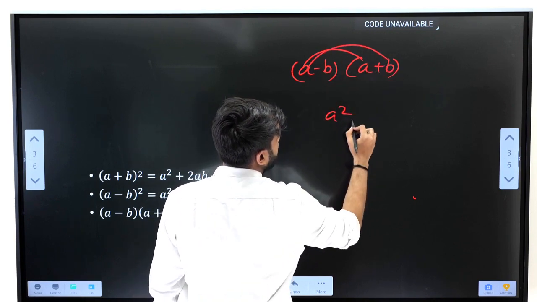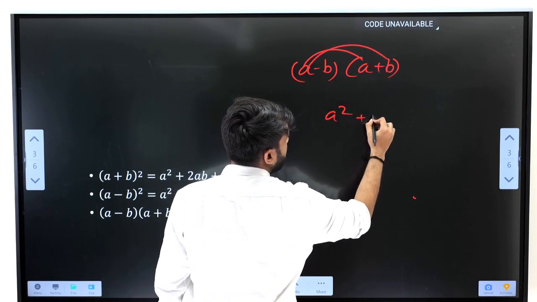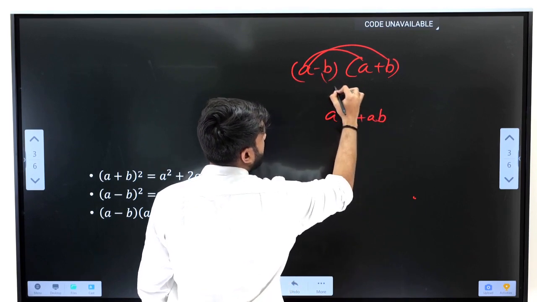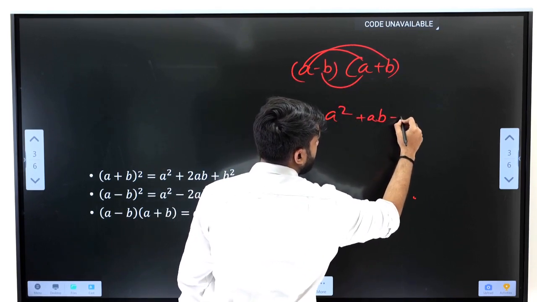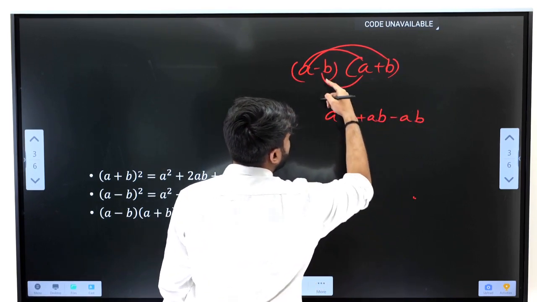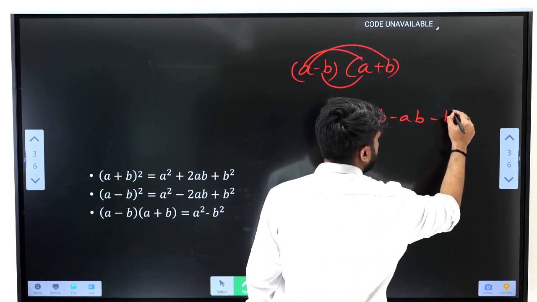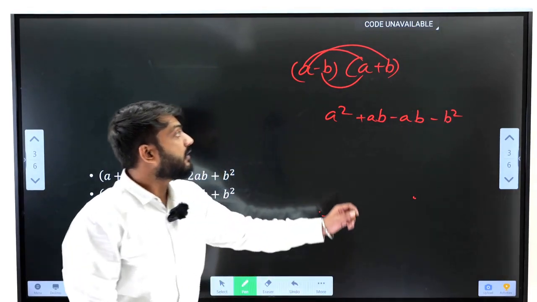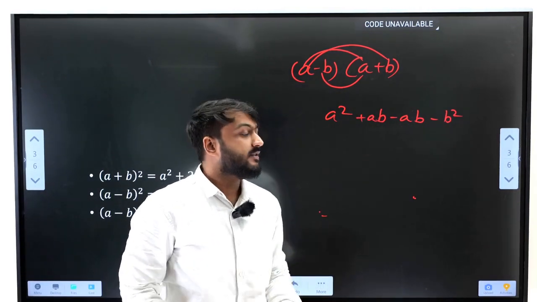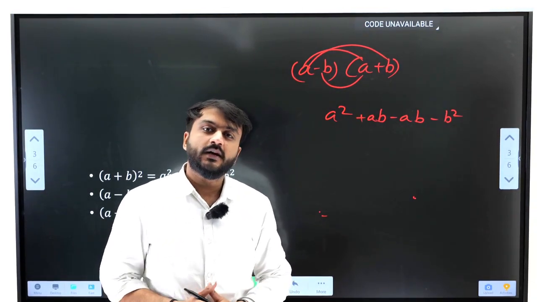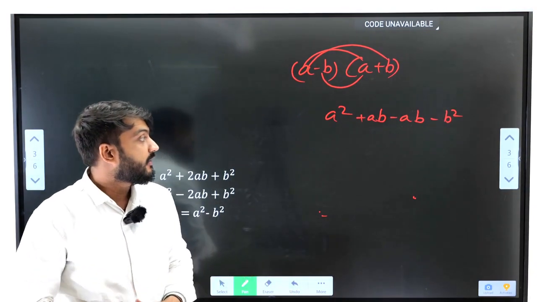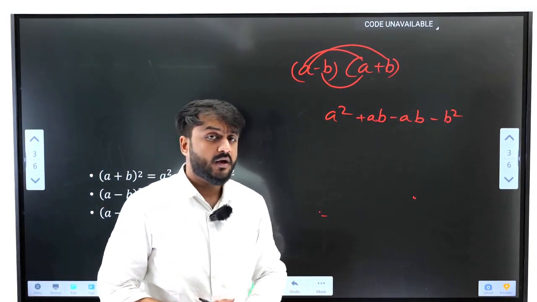A into b gives us a positive ab. Now negative b into a gives us negative ba or negative ab, and negative b into a positive b gives us negative b square, because this b is negative and this is positive. A positive number getting multiplied with a negative number gives a final product that is a negative number.